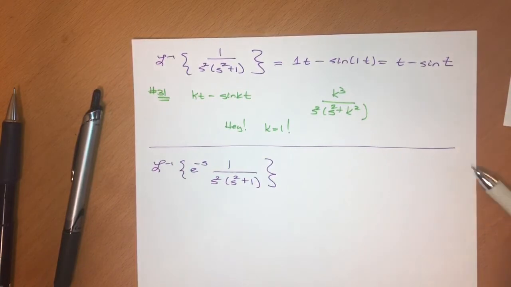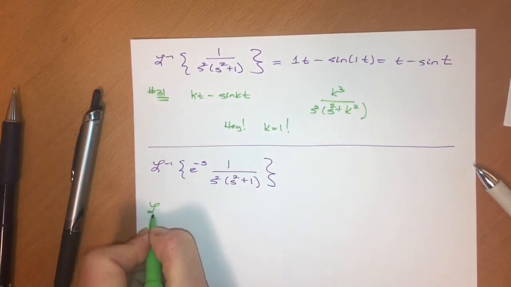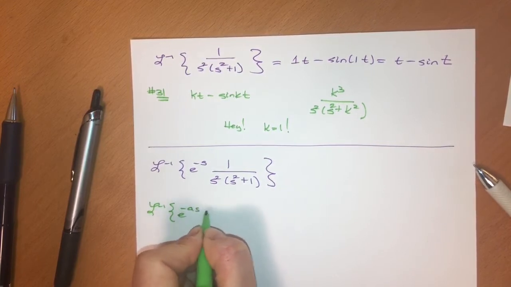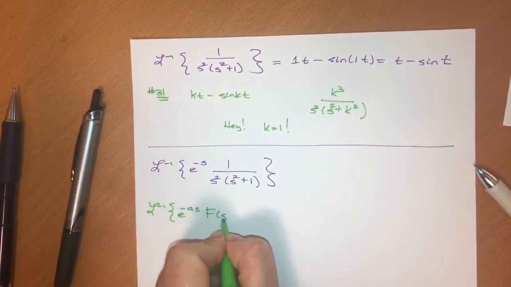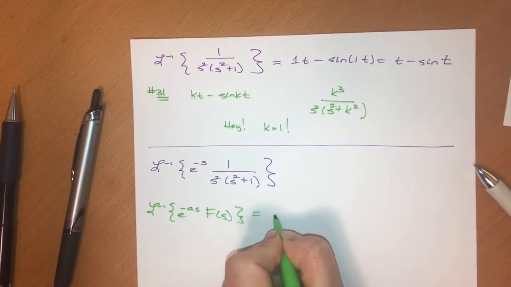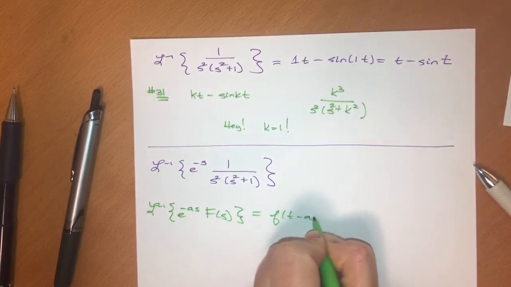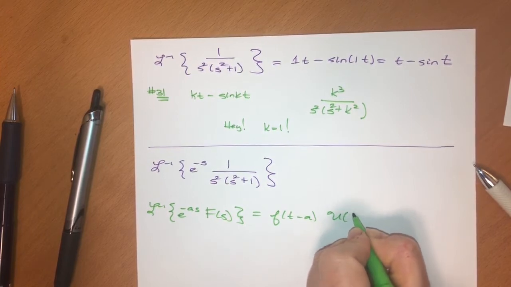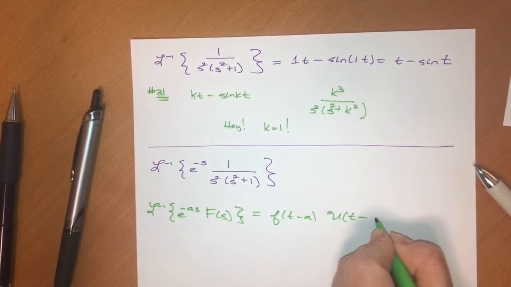So the thing to remember is that when you are Laplacing or inverse Laplacing something that is of this form, it is a unit step function and a shifted f function.